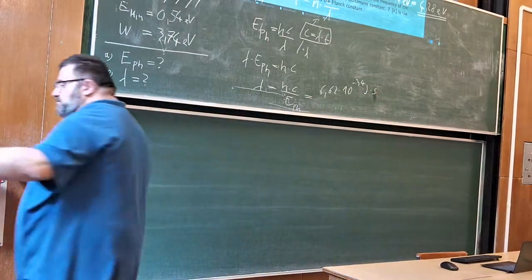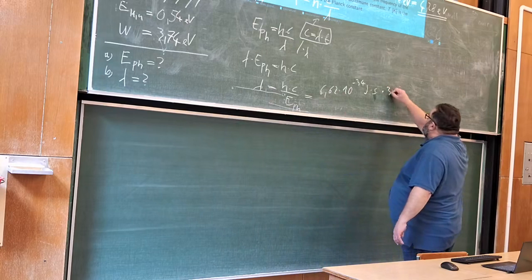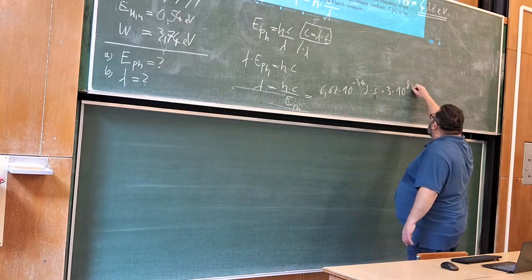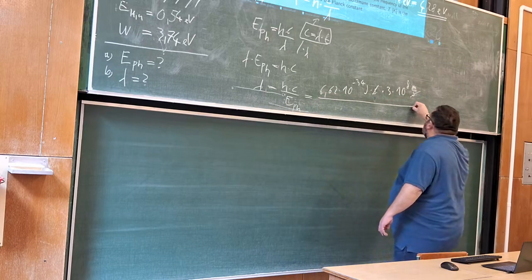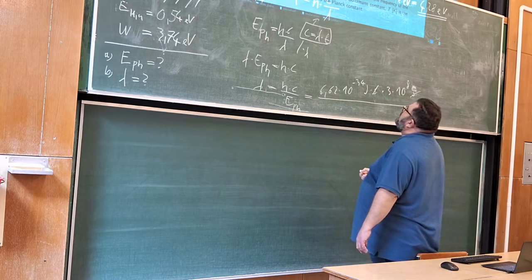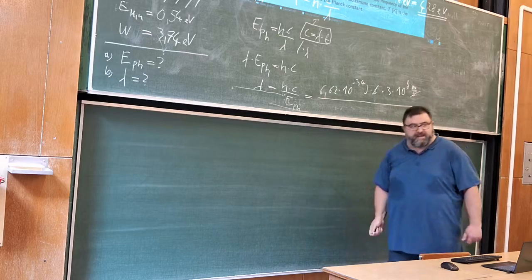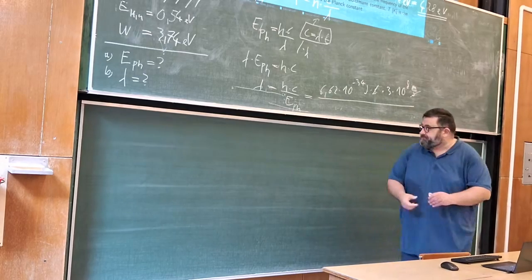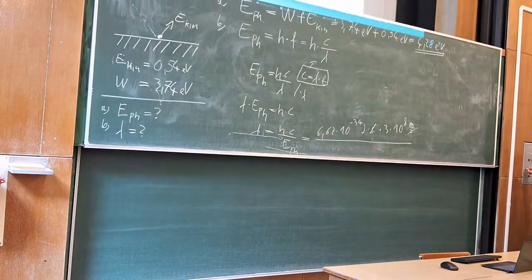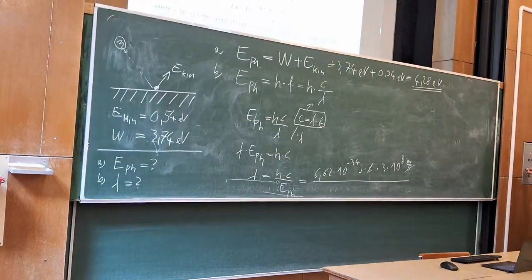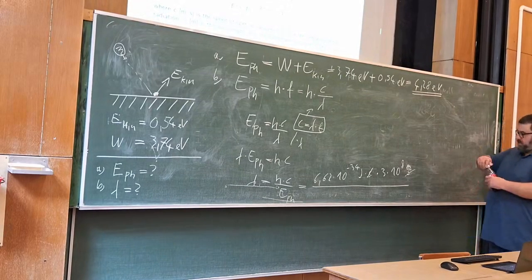Okay. And we have the speed of light. We have this in electron volts. That is very nice.